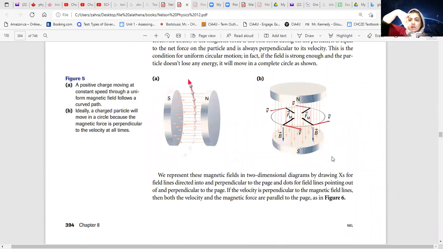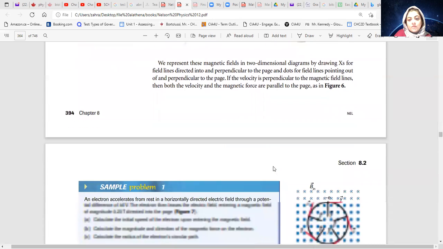Here I put my finger down in the direction of the B field, and I need to rotate my hand in the direction that the V is. Maybe like that. Now my palm is going into the page, right? As you see, the force is going to be here. So the direction of the palm is going to be this way. You need to try that yourself.